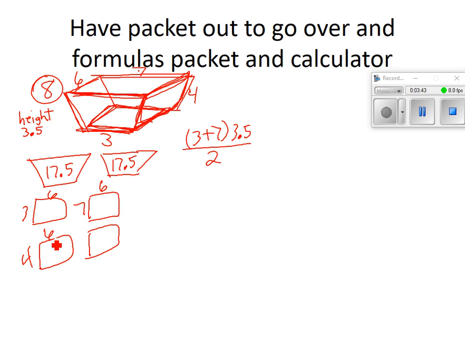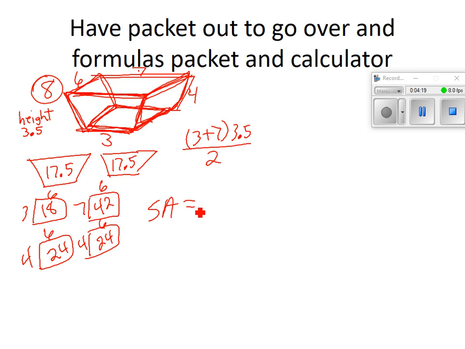That thickness, the height of the entire prism, is always going to be 6, and it's going to be in every one of these rectangles. What's the dimensions of the other side? 6 and 4 again. Areas: 18, 42, 24. What are you going to do to find the surface area?